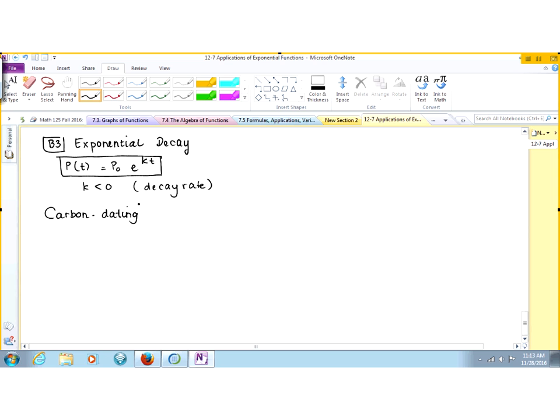Right, by the amount of carbon. Yes. So we're not dating carbon, are we? No, you're not.